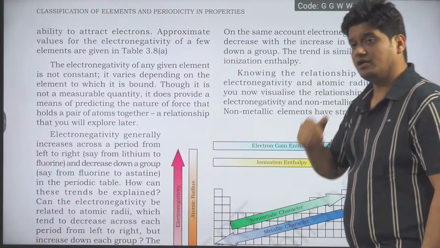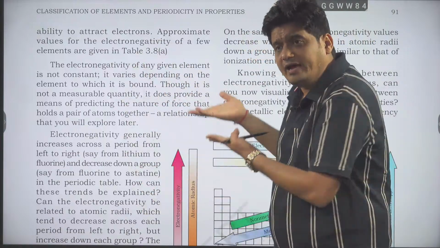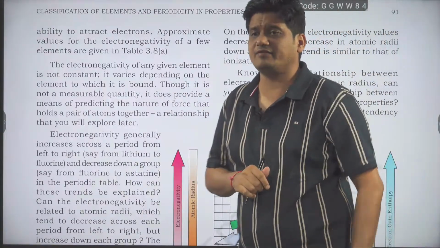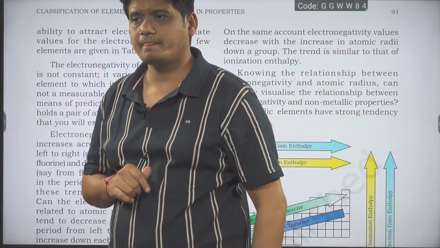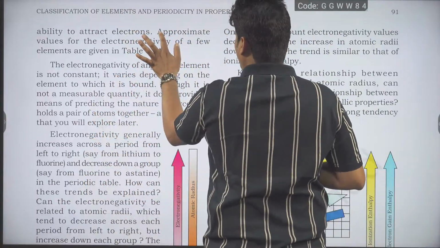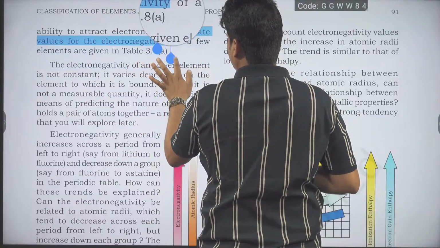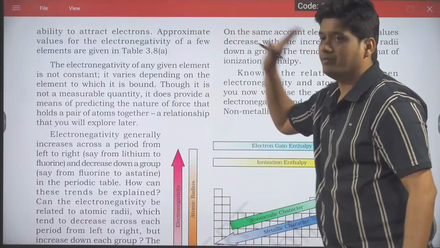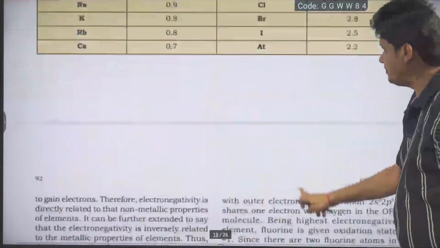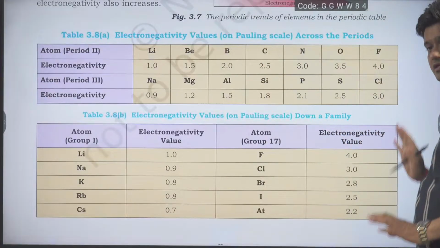If we say this is wrong, they say no, when I gave these values I gave the disclaimer that they are approximate values. If you are considering them as exact values, this is your fault. So here NCERT is saying approximate values of electronegativity are given in table 3.8a, where they are giving 3 and 3. Chalo, theek, nitrogen 3, chlorine 3.